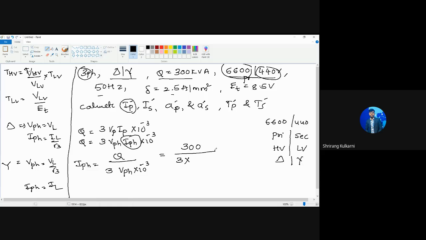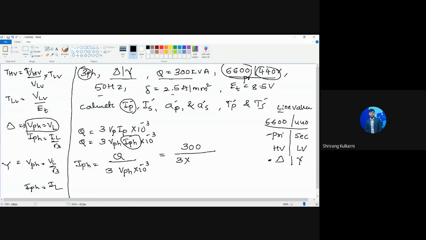Getting this? Next, in case of phase voltage, in case of the primary side, delta connection, what about V phase? V phase equals VL. What this means is that whatever data they are giving here are nothing but line values.